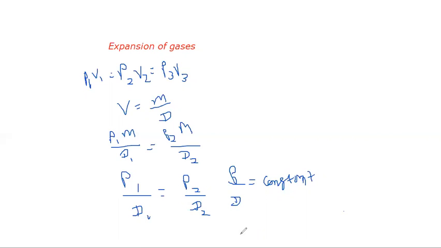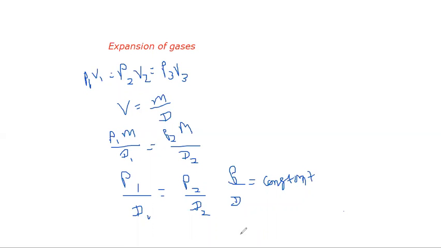But actually, what happens is that if we are blowing air into the balloon, the mass of the gas inside the balloon also increases, right? So Boyle's law, as you have seen in the statement, says that the volume of a fixed mass of a gas at constant temperature is inversely proportional to its pressure.